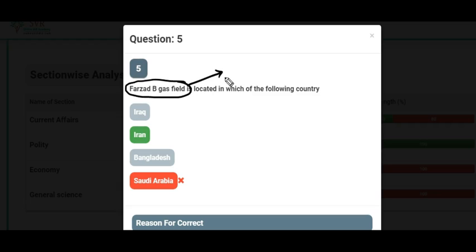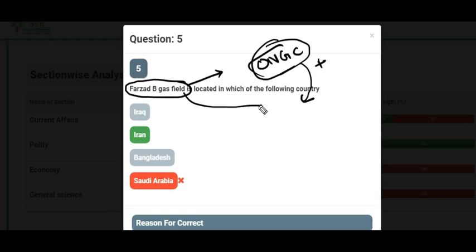The gas field was discovered by Indian state oil companies led by ONGC. ONGC stands for Oil and Natural Gas Corporation. So a consortium of oil companies led by ONGC discovered this gas field in Iran and got the license.